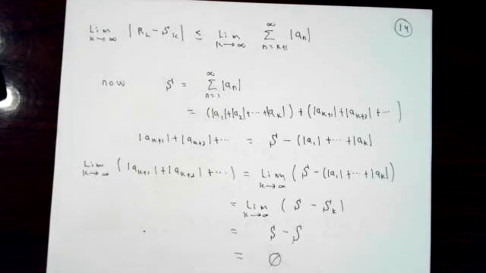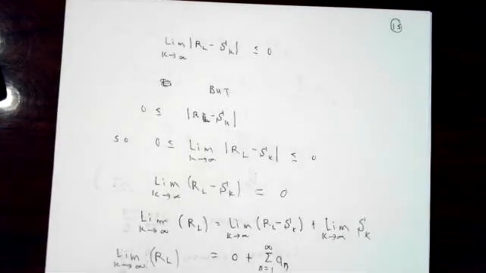So based on this, the limit as K tends to infinity, which parenthetically makes L go to infinity also, of the absolute value of RL minus SK is less than or equal to 0.